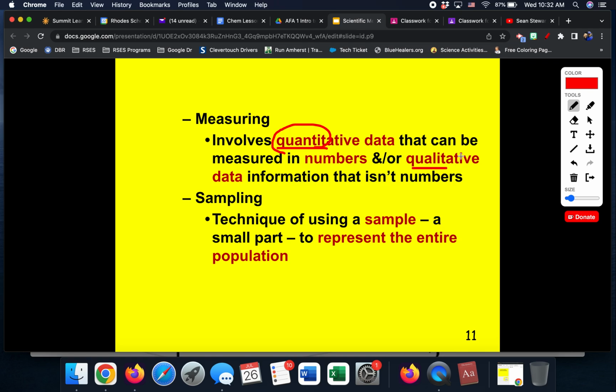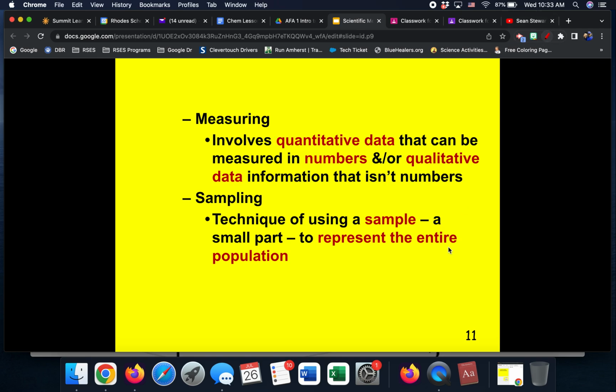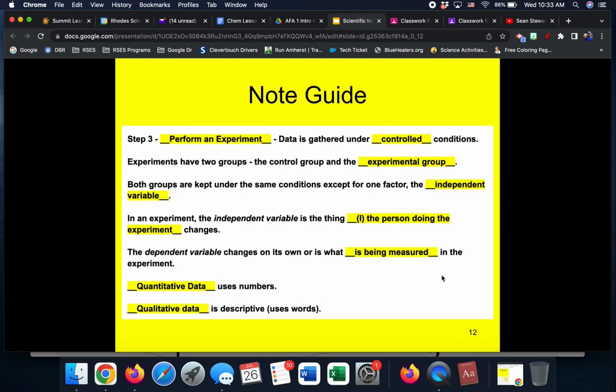Numbers really wouldn't be good, quantitative data, but qualitative would. You might notice that between October 1st and October 3rd, this certain type of bird always starts to leave the northern states and fly toward the south. Go ahead and pause while you add this to your notes.